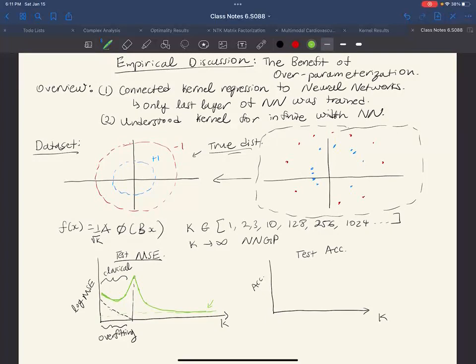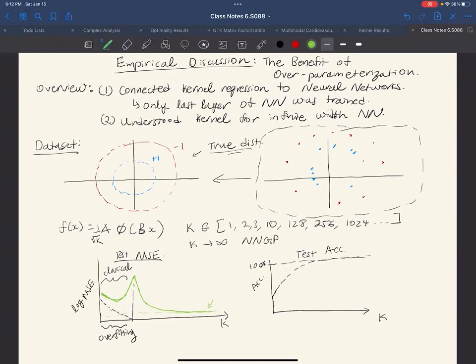Now, because test error in this case does not necessarily track accuracy, you'll see an interesting trend with accuracy, where the training accuracy goes up to 100%. So initially you can't perfectly fit the training data. So eventually it'll get to 100%, and it'll stay at 100% for all models.